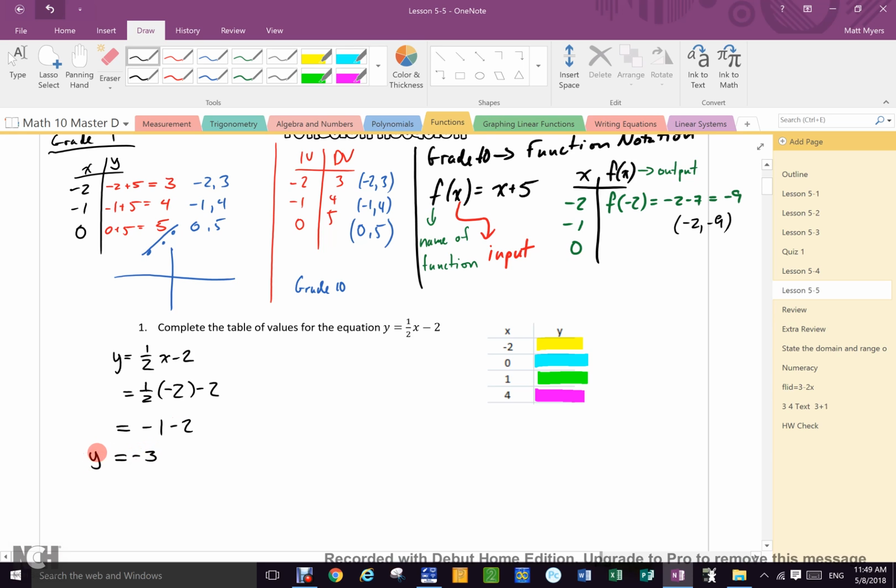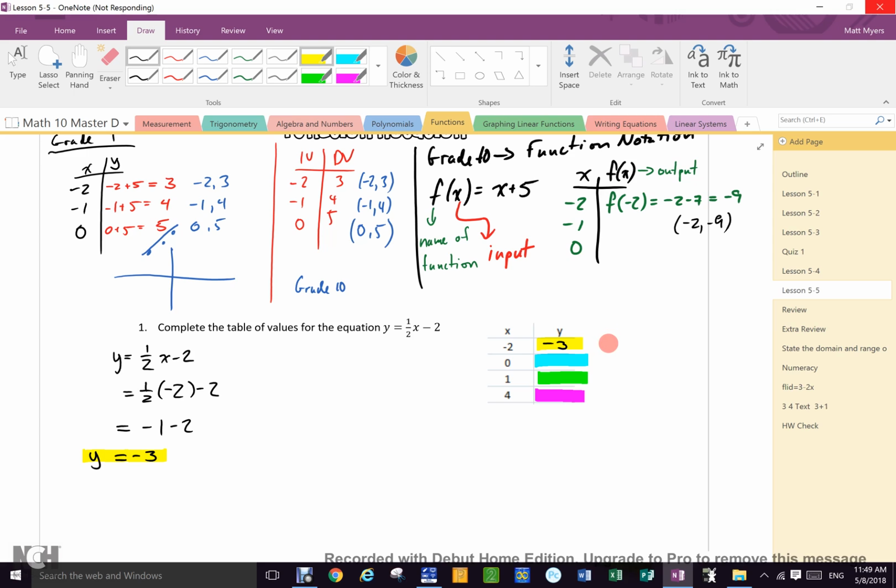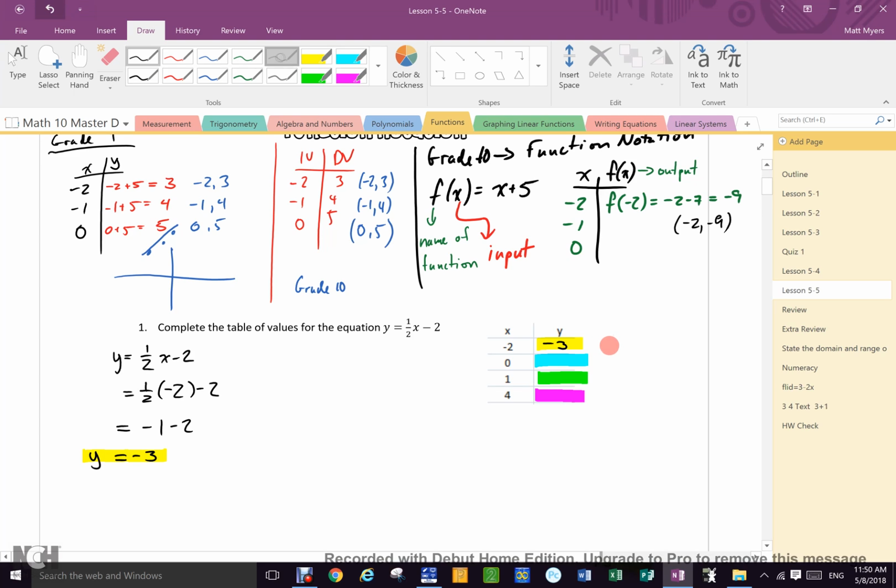So now y equals negative 3 when x equals what? Negative 2. So that must go where in my chart? Where the yellow box is. Negative 3. Does that give me an ordered pair? What is it? Negative 2, negative 3, which I could put on a graph, right?